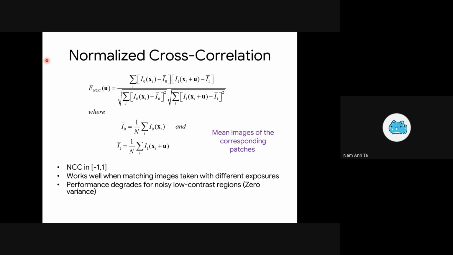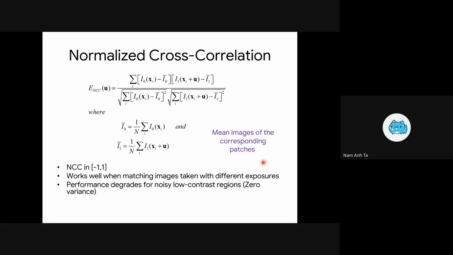To understand the math behind NCC, we can look at the core concept right here. This is actually pretty mathematically heavy, as I warned before. We are performing zero mean normalization. By subtracting the mean intensity and dividing by the standard deviation, we essentially make the matching process invariant to lighting shifts and contrast changes.